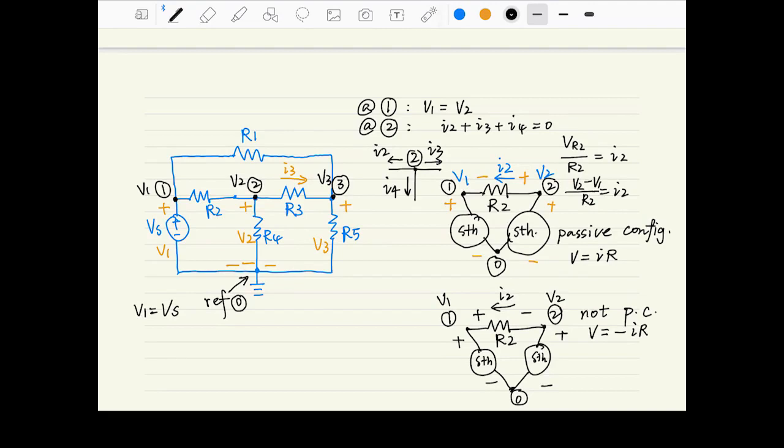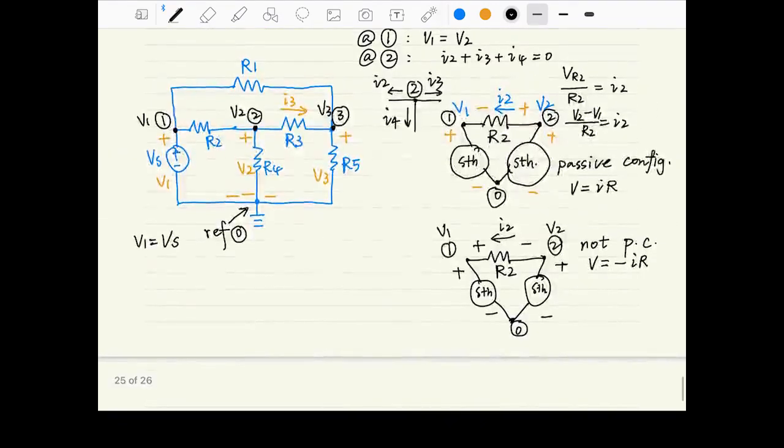In this way, V of R2 divided by R2 equals I2. And V of R2 is the positive polarity voltage minus the negative polarity voltage, which is V2 minus V1. And their subtraction over R2 will get us I2.